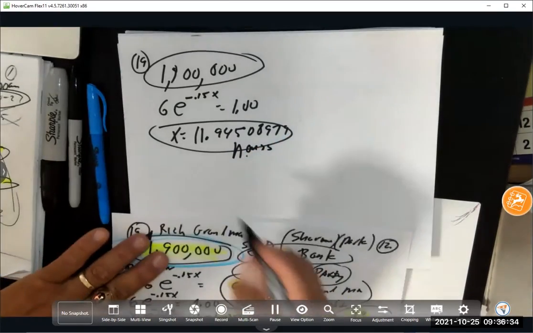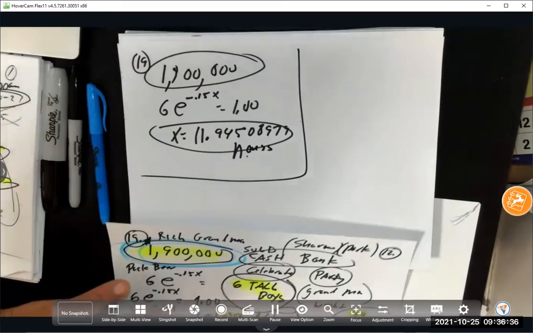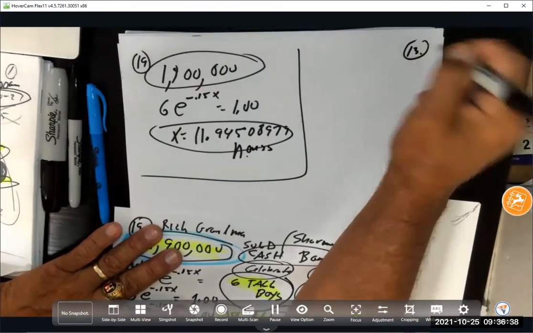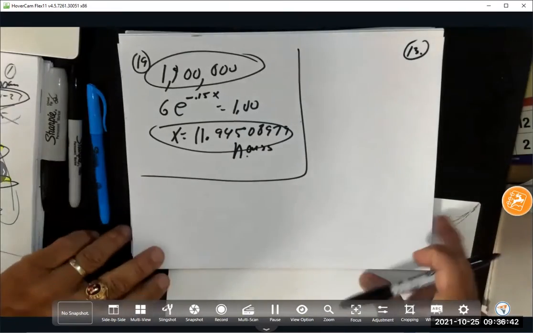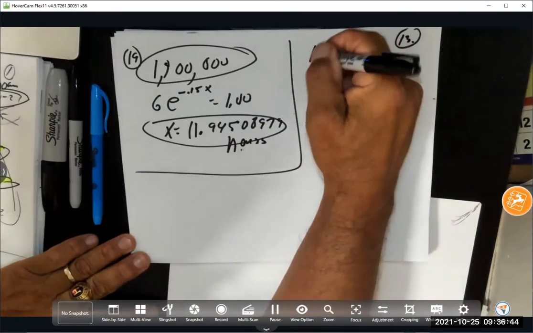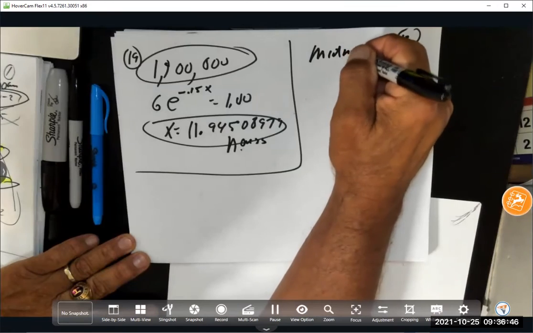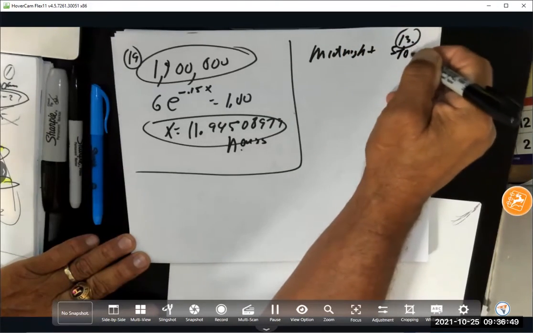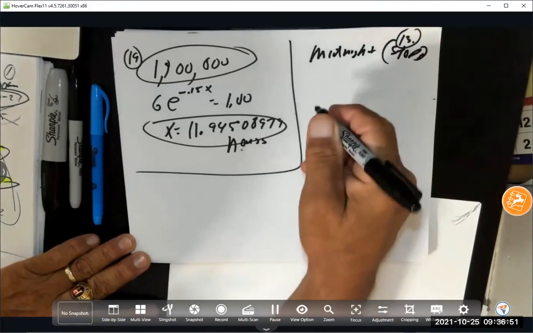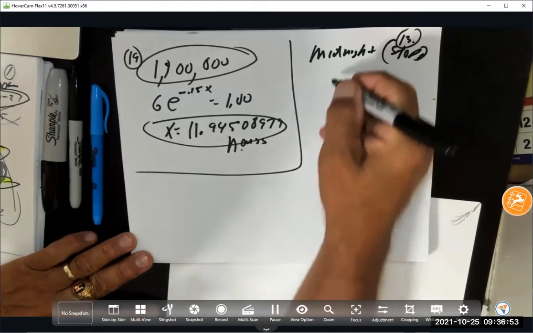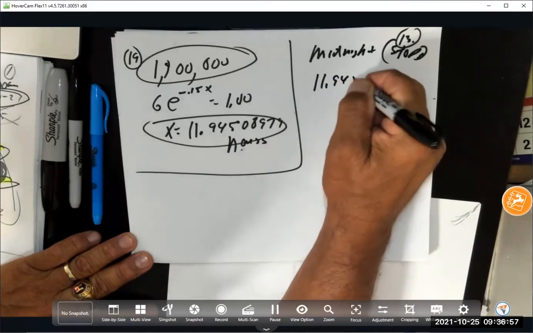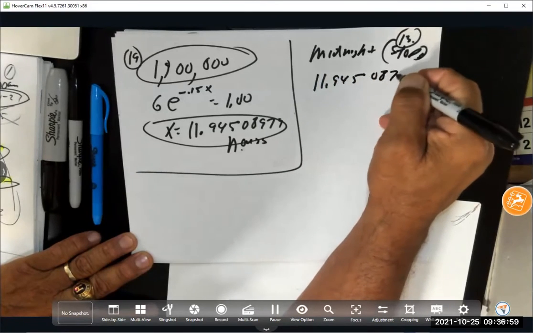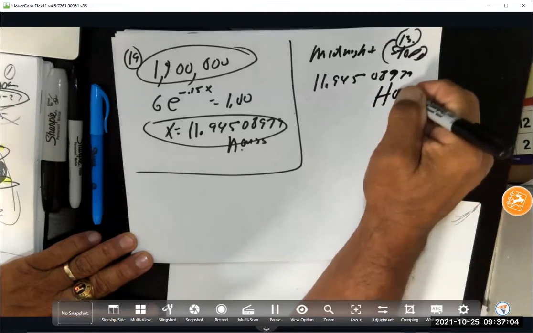So here's the thing. It's number 13. This will be the last page. I'm going to stop right here. At midnight, grandma stops. That's it. Party's over. But then she's going to have to wait about 12 hours, 11.945 hours, later.